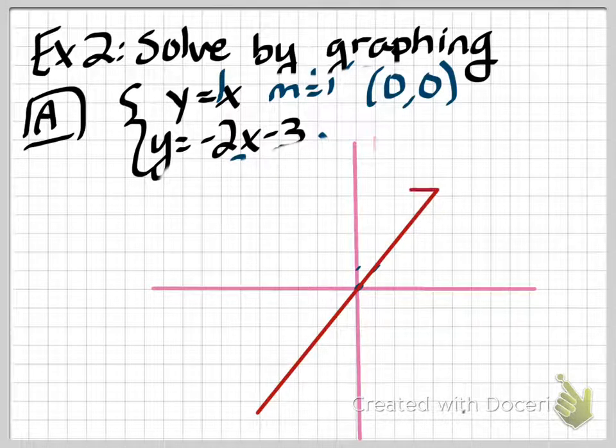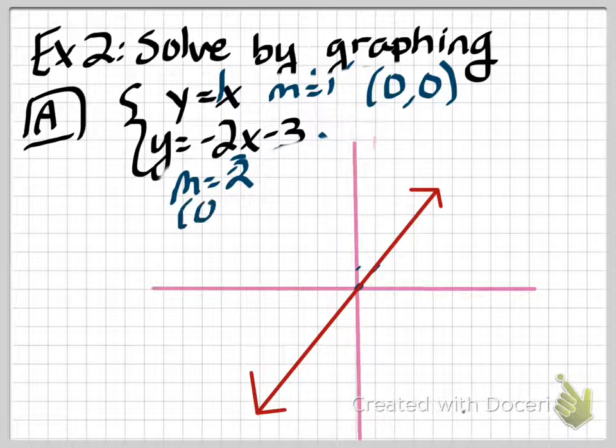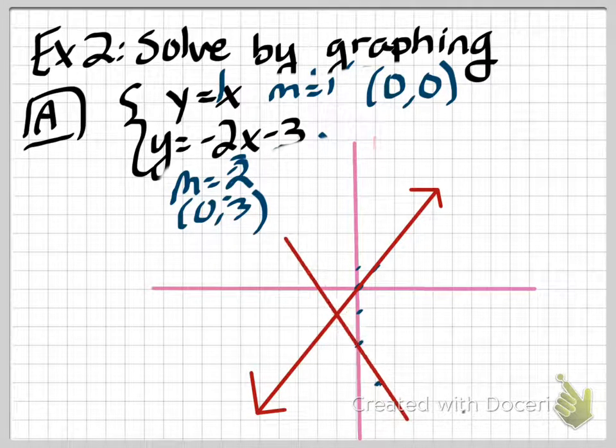Okay, so that's my first equation. My second equation has a slope of -2 and a y-intercept of -3. So I'm going to go down 3, 1, 2, 3. And I'm going to go -2 over 1. Oops, that's a little off. Let's try again.